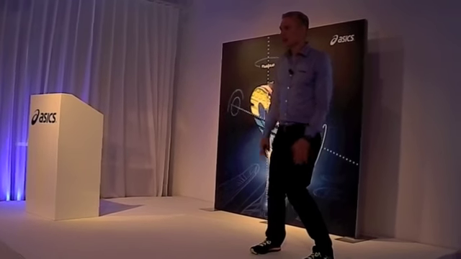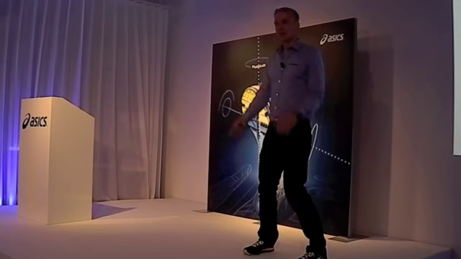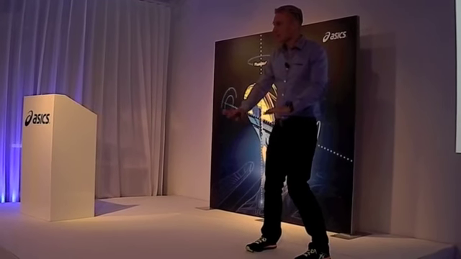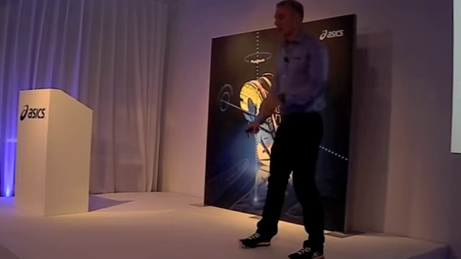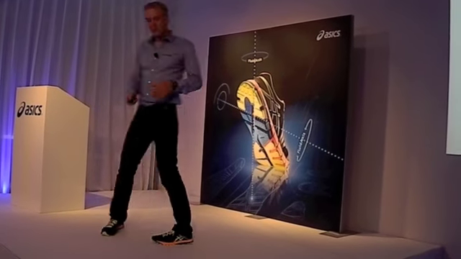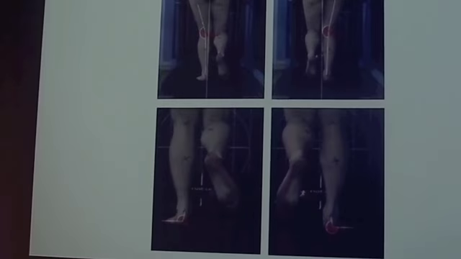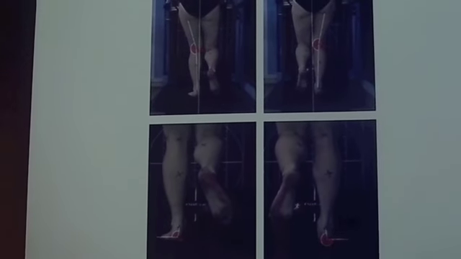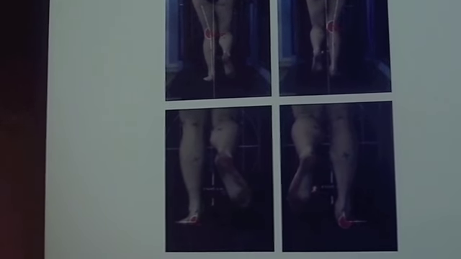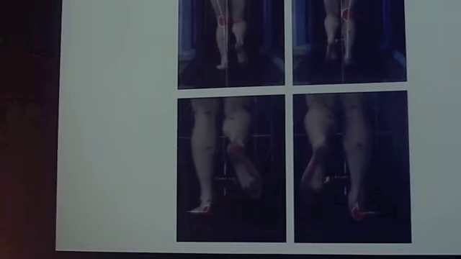And if you're running like that with these knock knees, you've got more pressure on the medial side, on the inner side of the foot. And if you take a look at the foot, you see this severe overpronation. And if you have severe overpronation in the foot and you get knock knees, you need medial support. What shall I do? Shall I tell this patient to run barefoot on concrete? I cannot do that.